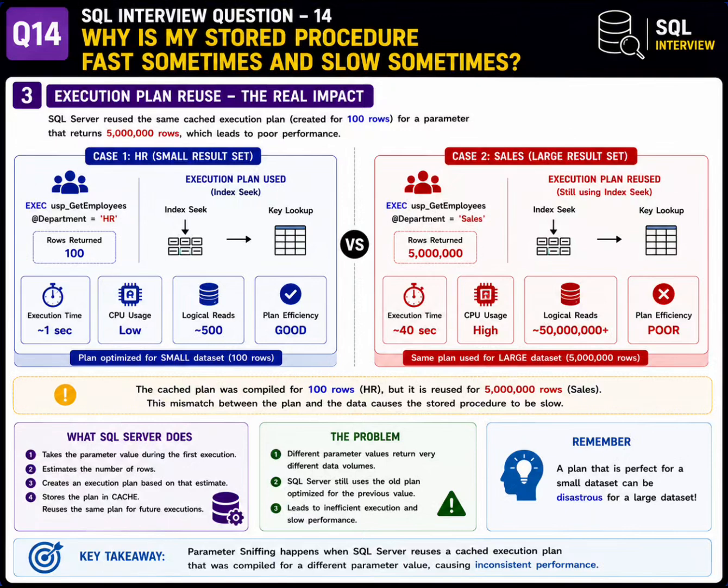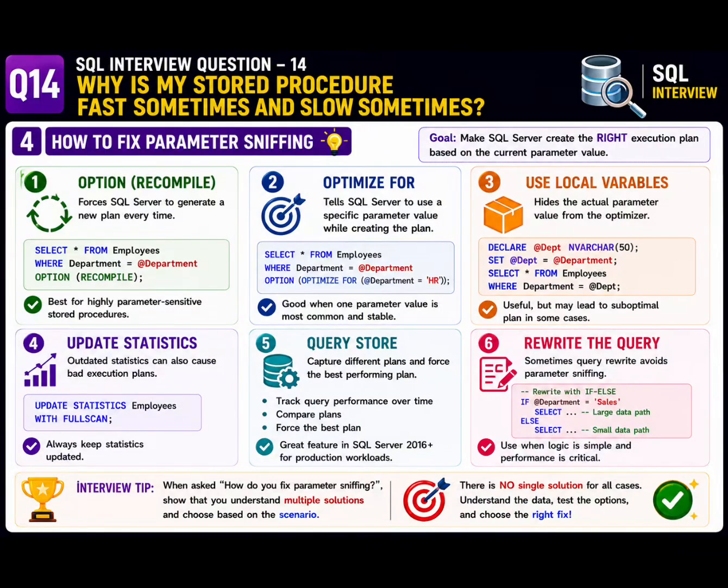Then how can we fix this parameter sniffing? Now let's see. Option 1 is RECOMPILE. This forces SQL Server to generate a new execution plan every time the stored procedure runs. Here we can see the pros and cons.